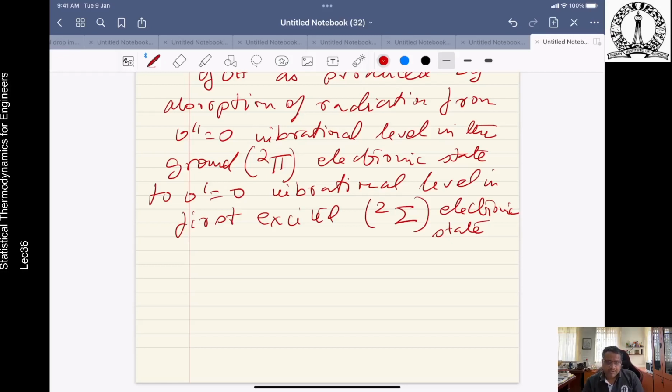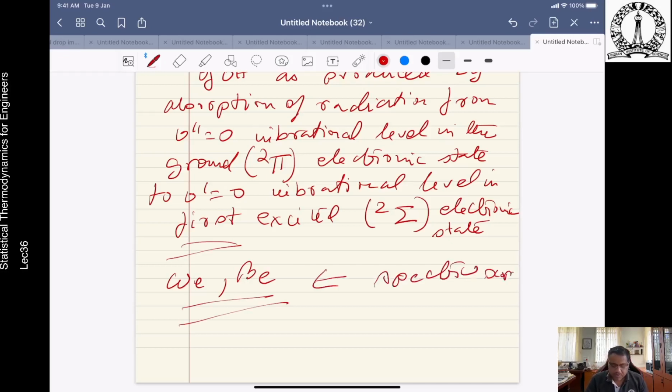However, quantum mechanics models are pretty complicated, so we need to resort to spectroscopic measurements to determine various energy mode parameters, such as omega e and the rotational constant B. To determine all these things, we needed spectroscopy to fill in those gaps.